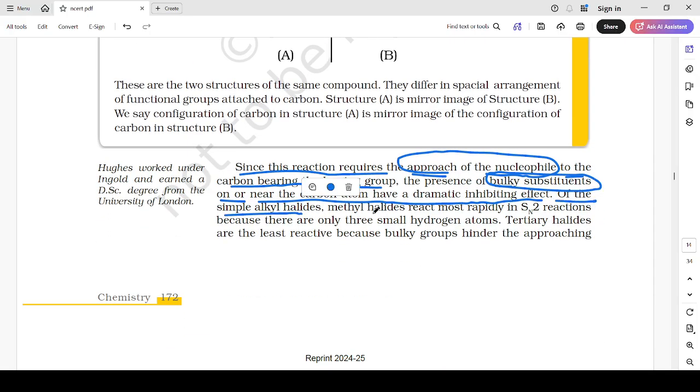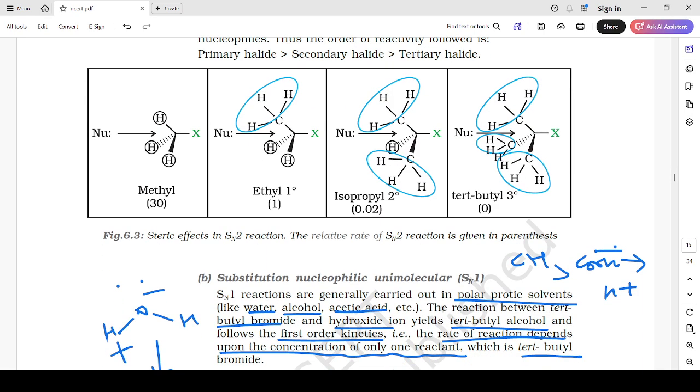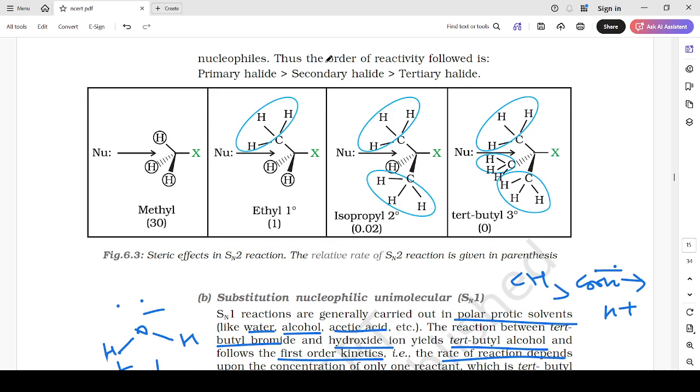Of the same alkyl halides, methyl halide reacts more rapidly in SN2 reactions because there are only 3 small hydrogen atoms. Tertiary halides are least reactive because the bulky groups hinder the approaching nucleophiles. Thus, the order of reactivity for which mechanism? We are talking about the SN2 mechanism here.